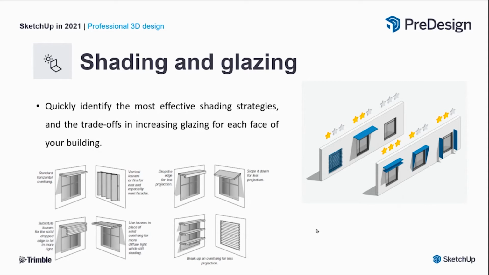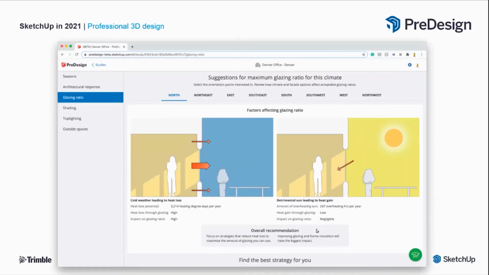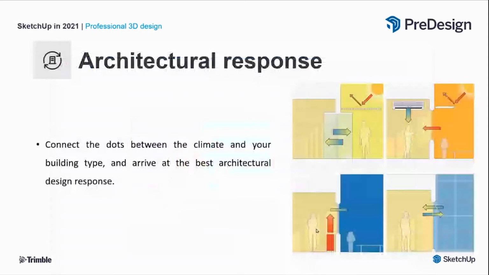It also tells whether it adversely blocks too much warming sun. With this, we can have an informed shortlist of the most effective shading strategies for our concept. It also gives suggestions on the ideal glazing required for our design or in any particular region. And we can come up with the best climate responsive designs by referring to all the recommendations in pre-design.